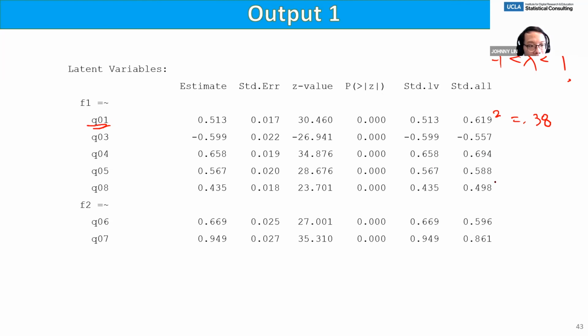Let's look at this one. 0.498 squared is only 0.25-ish. Only 25% of the variance in Q8, you guys tell me what that is explained by SPSS anxiety. To me, that's bad, okay? So if you have a loading that's like 0.4 or 0.5, that's actually not that good.